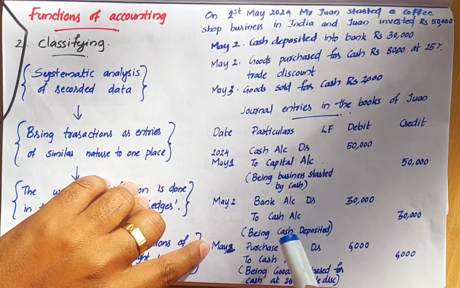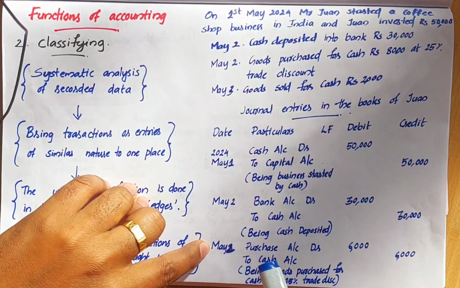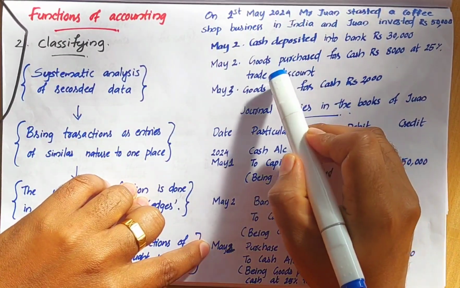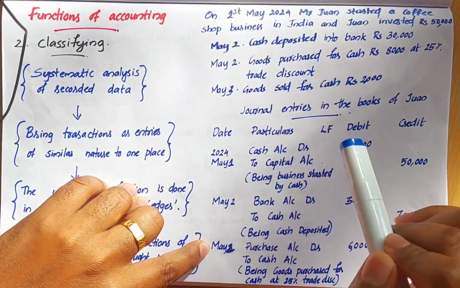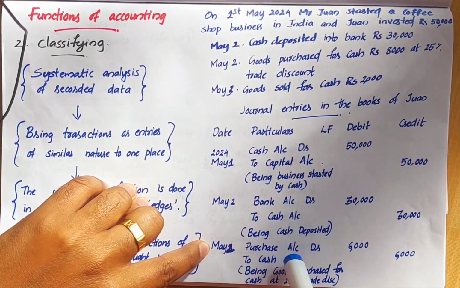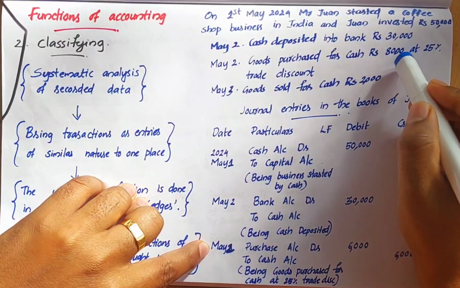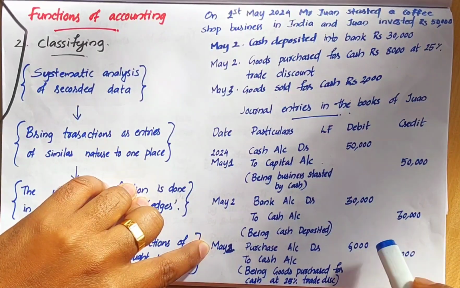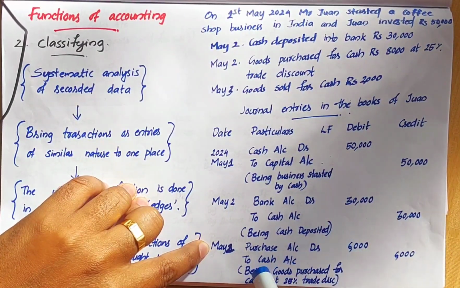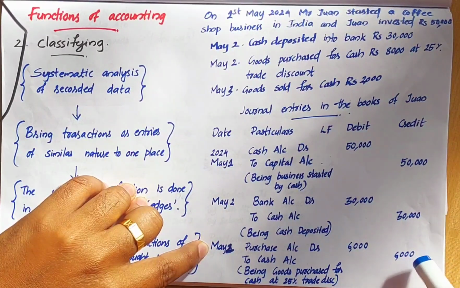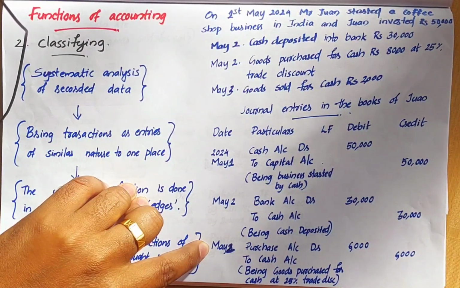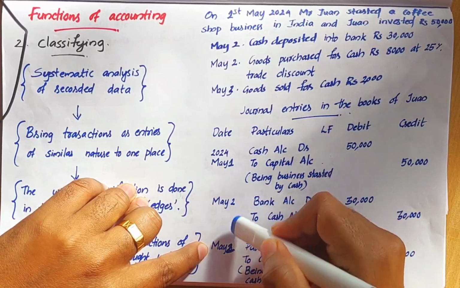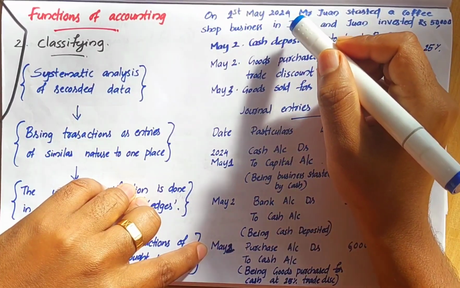Now, the same day, goods purchased for cash rupees 8,000 at 25% trade discount. 25% of 8,000 is 2,000, so purchase account is debited 6,000 to cash account, since cash is going out of the business. Being goods purchased for cash at 25% trade discount. These are the journal entries for the first three transactions.